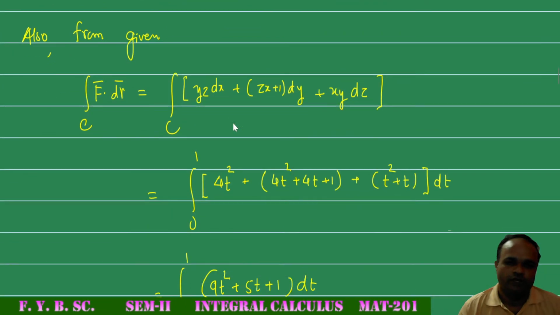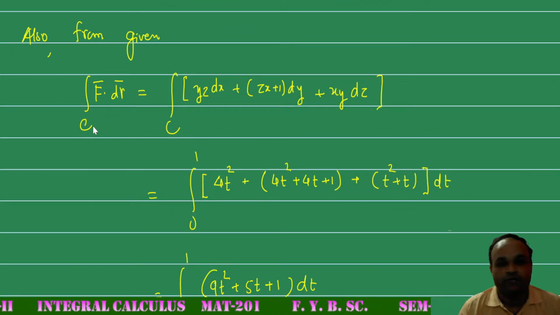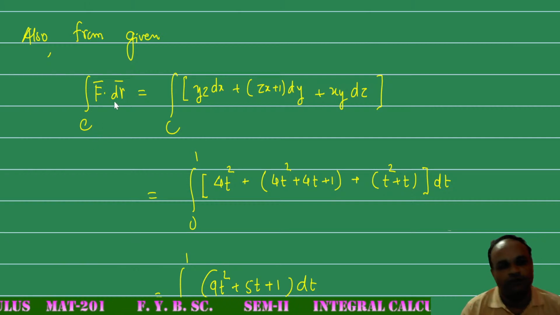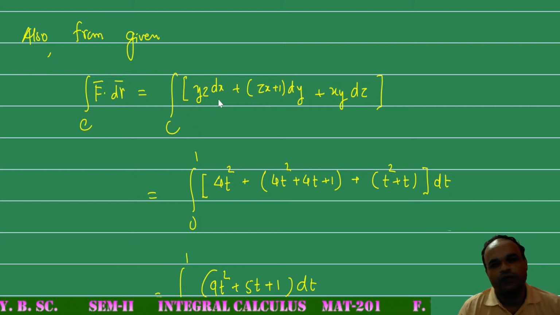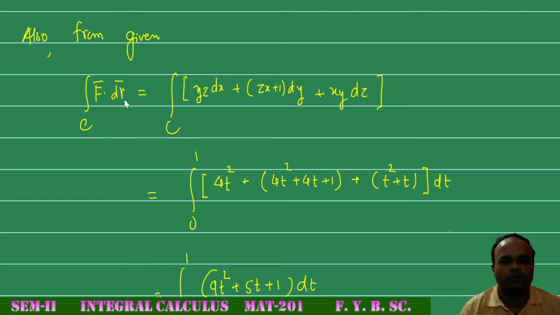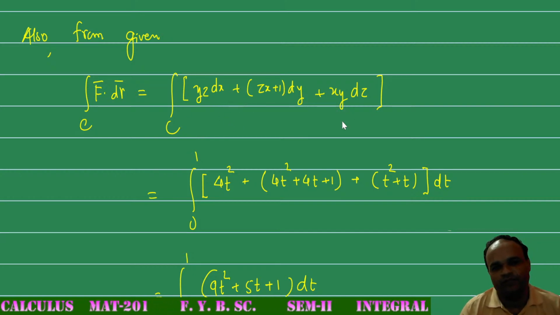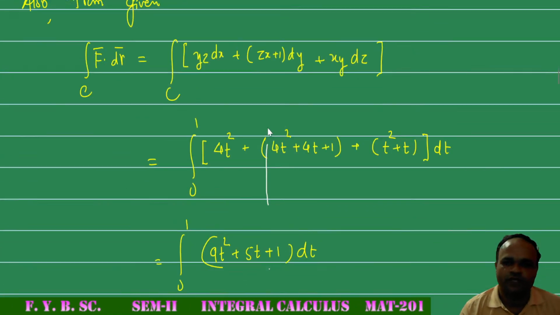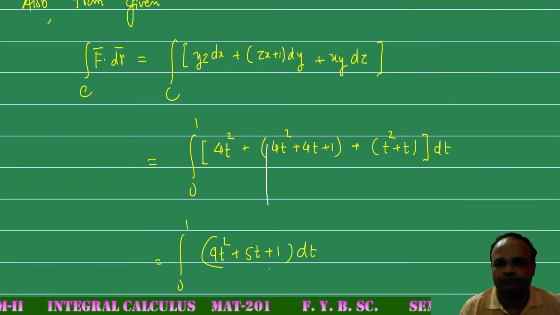So it is given that the value of this circulation, that is the integration along C of F bar dot dr bar, will be the integration along C of yz dx. So we are putting F bar dot dr bar as yz dx plus (zx plus 1) dy plus xy dz, and let us put the values of x, y, and z.